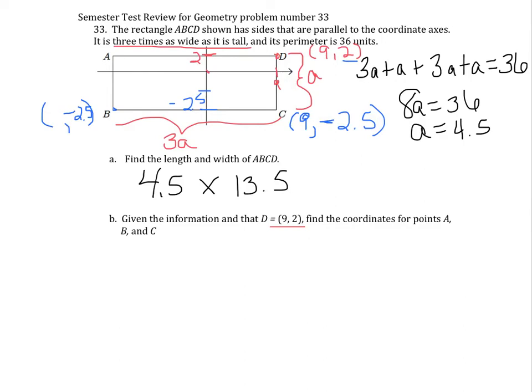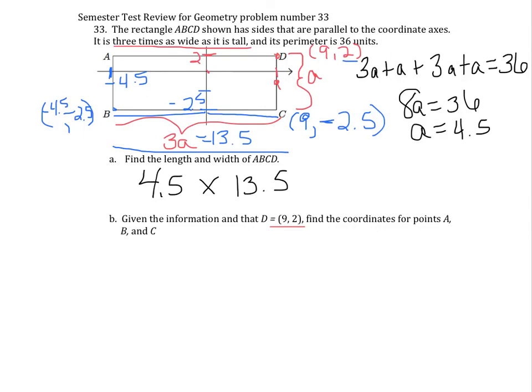We discovered that this distance here is 3A, or 13.5. We also know that from 0 over to C is already 9. So from 0 back to B, I have to travel a distance of 4.5. Therefore, the corresponding X value would have to be negative 4.5, which is the X value of point B.